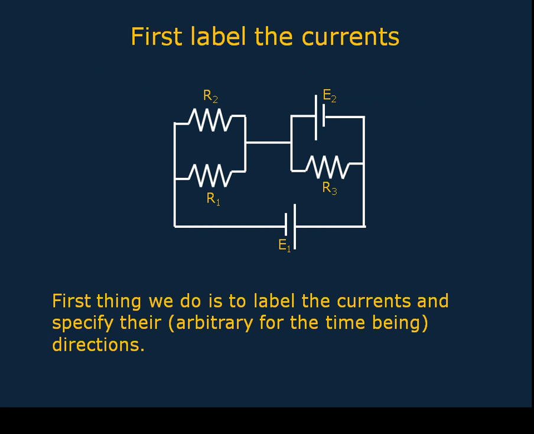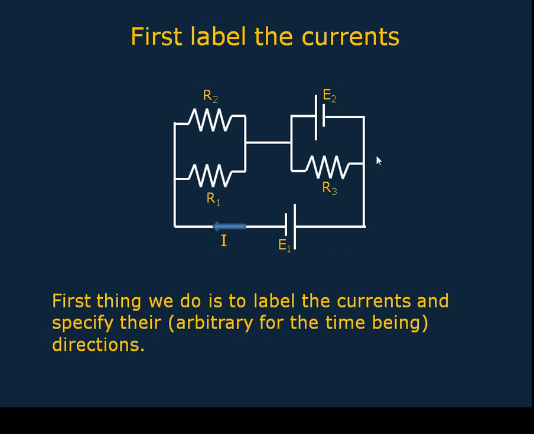We know that there is a total current coming out of the battery E1. Now I'll pretend that this total current is in this direction. Normally I know that the current goes from the positive terminal to the negative terminal of a battery outside the battery.